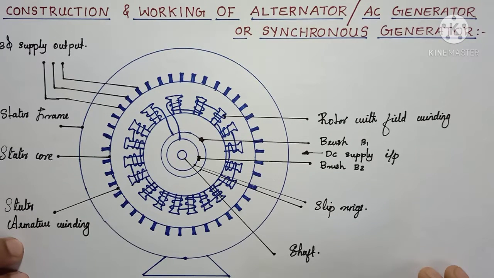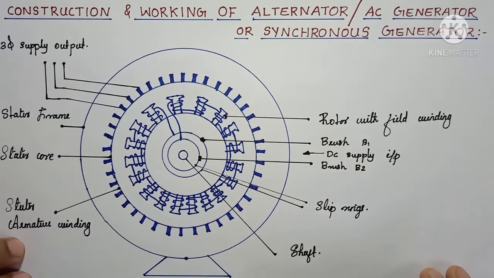Either method we can adopt, but generally we adopt this method. The basic working principle of an AC generator is similar to that of a DC generator. That is nothing but Faraday's law of electromagnetic induction.